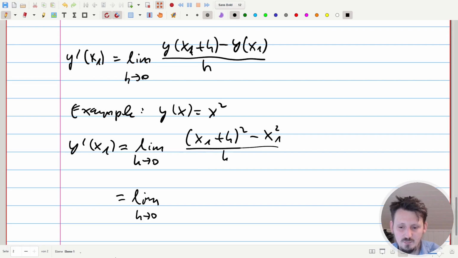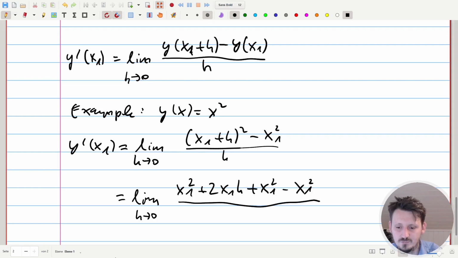We can use the first binomial formula to write here now x1 squared plus 2x1h plus h squared minus x1 squared, divided by h.